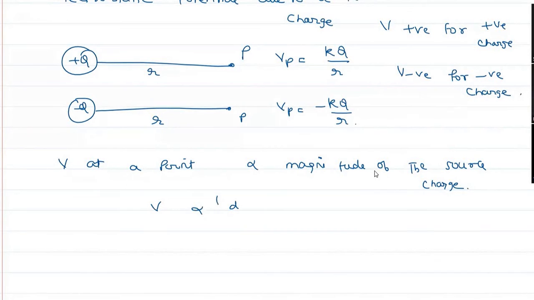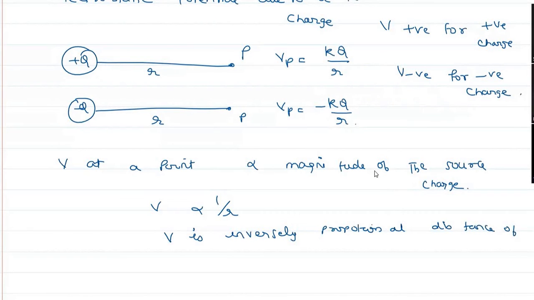If you want to write, V is inversely proportional to the distance of the point from the source charge. These two things you have to keep in mind. It is directly proportional to the magnitude and inversely proportional to the distance from the source charge. And it is positive for positive charge, negative for negative charge at any point.